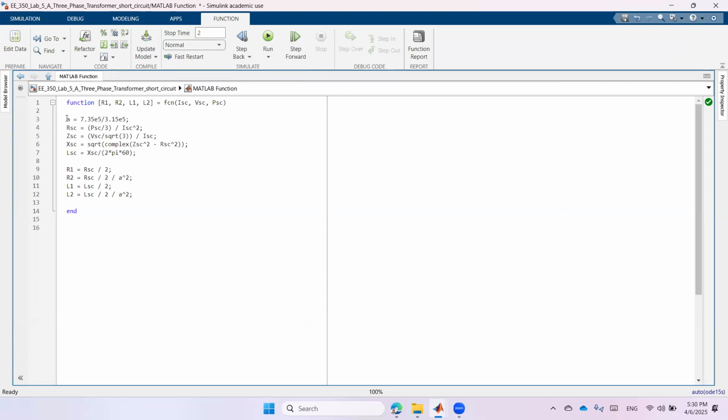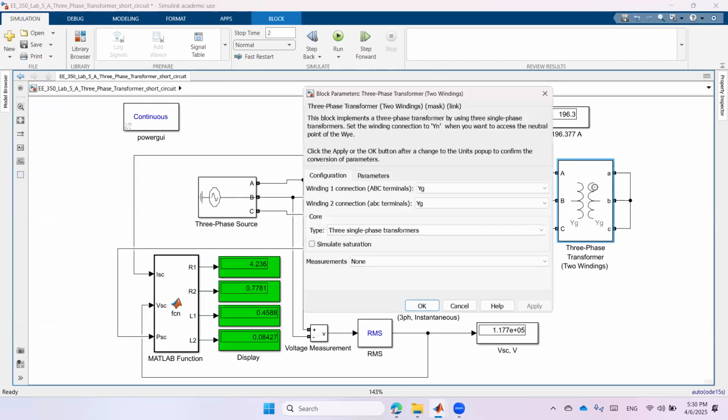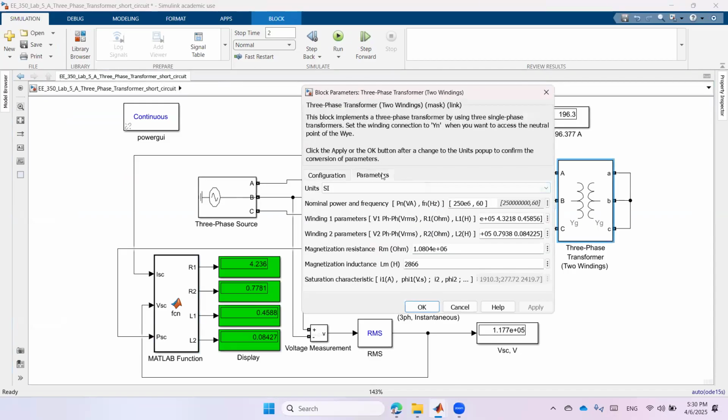The first thing we need to calculate is the transformation ratio, which is the ratio of the voltages of the transformer: the primary voltage, V1, over the secondary voltage, V2. To get these two voltages, you double click on the transformer and go to parameters.